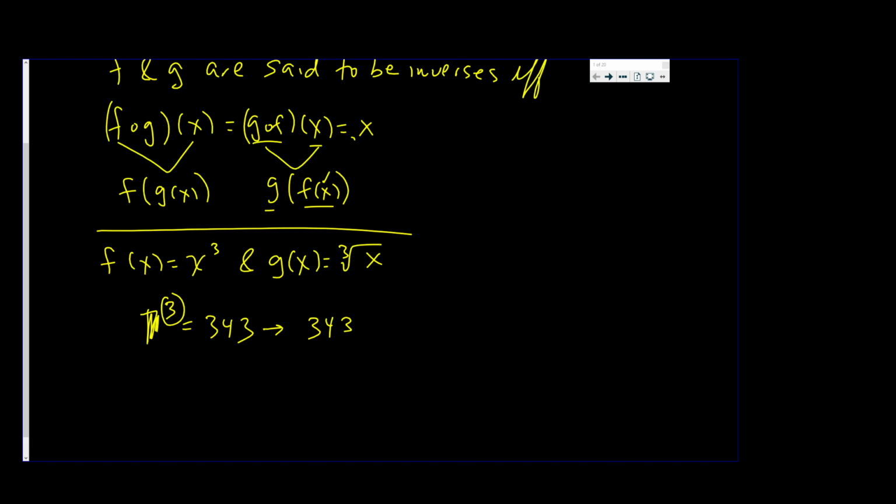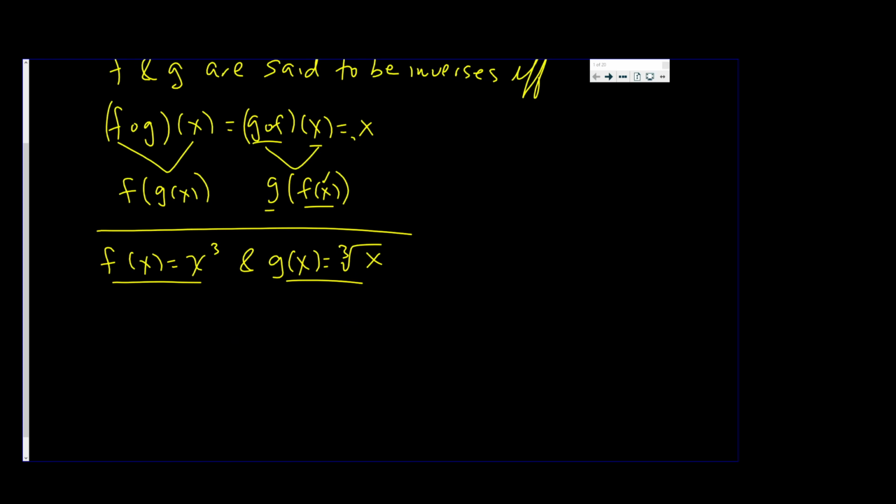Well, to undo what you just did, namely cubing, you take the cube root. See, yes, these two functions, f and g, are inverses of one another.